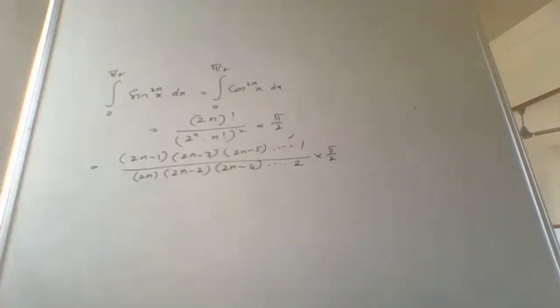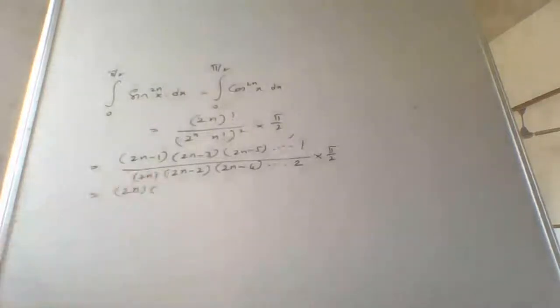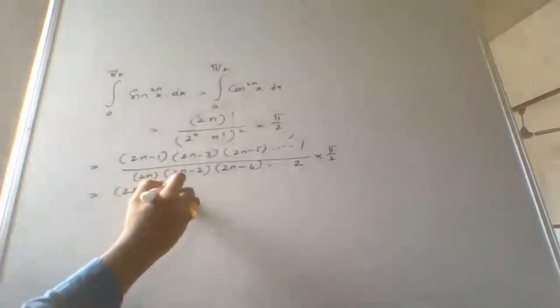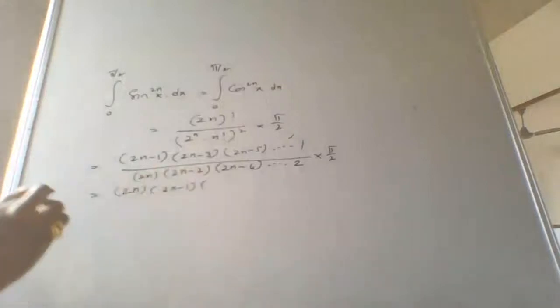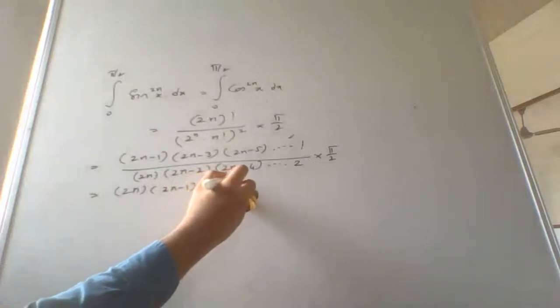Further, if I multiply and divide by 2n minus 2, 2n minus 4 into 2, I get 2n. 2n minus 1 is there, right? I don't have 2n minus 2.